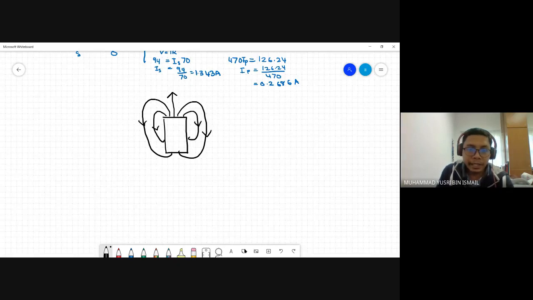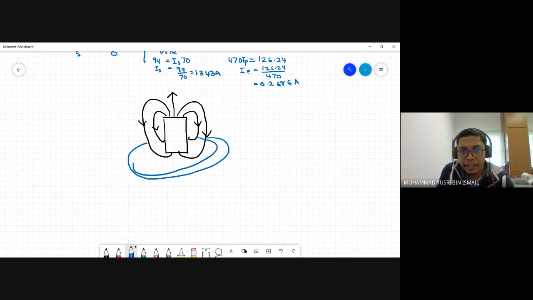This is the electromagnetic field, then there will be another current that is somehow produced around the electromagnetic field. This current is known as eddy current. This eddy current is considered as losses.